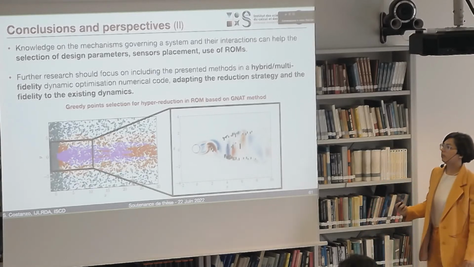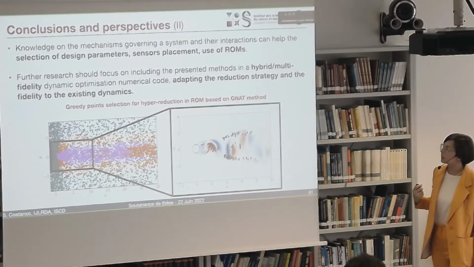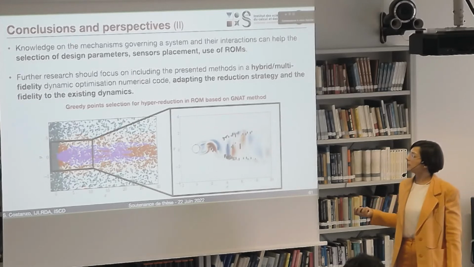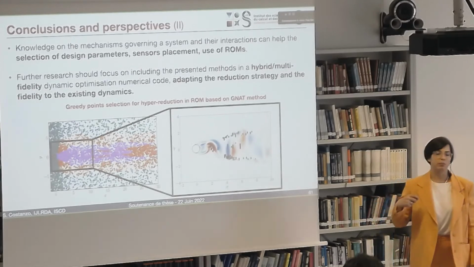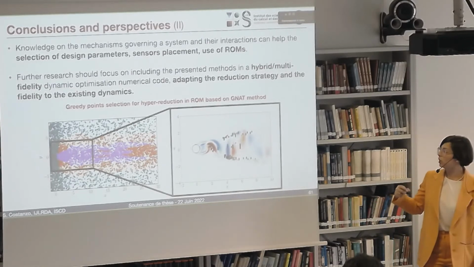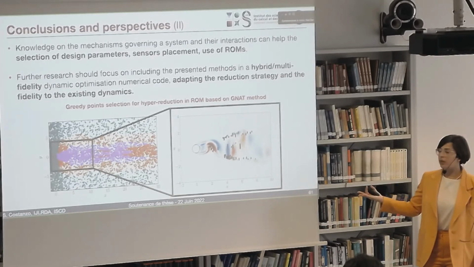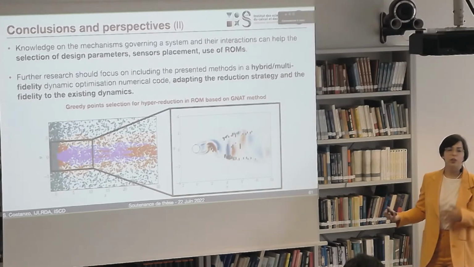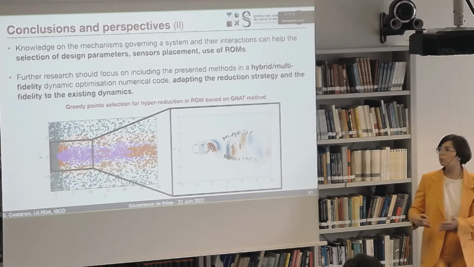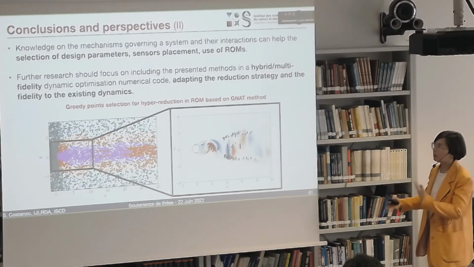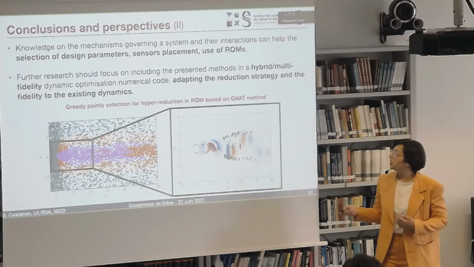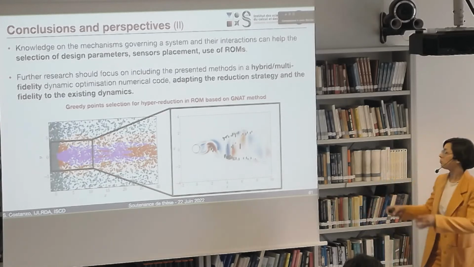So the idea that we are developing right now is that if we use this dynamical identification as a pre-processing tool to understand if a linear reduced order model is enough, or we have to apply some hyperreduction or some linear adjustment, we will know it before.